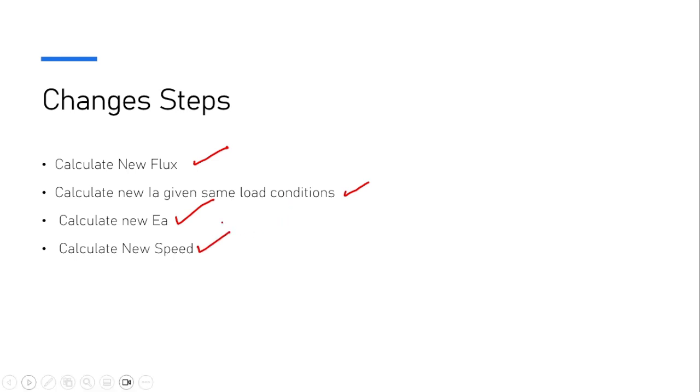The question will come as: calculate the new operating speed if the flux is to change by 0.6, or whatever the case is. That's basically what comes. So it will be just flux, IA, EA, speed.